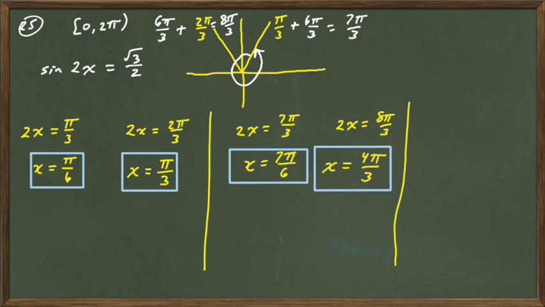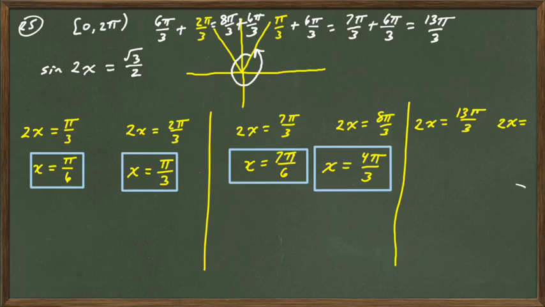One more time. If I added 2 pi, which is 6/3, to 7/3, would that make 13/3? So I have to make my angle 2x equal 13/3. What else would 2x have to equal? If I added 6/3 to 8/3, what would that give me?